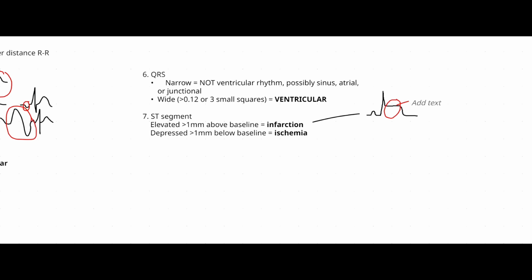And then for your ischemia, you have your P, Q, R, S. S goes back down, doesn't go back up until here. So this is your ST segment. So this is an ST depression.